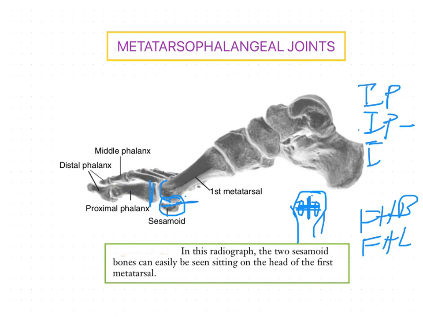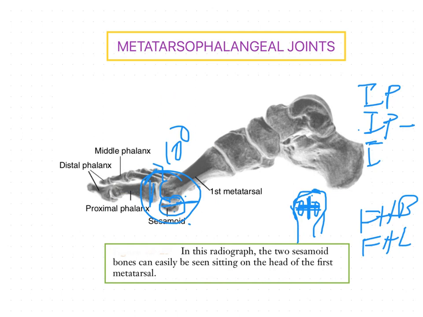With toe extension greater than 10 degrees, these sesamoid bones no longer lie in the grooves and may become unstable. So chronic lateral instability of the sesamoid bones may lead to metatarsophalangeal deformity.